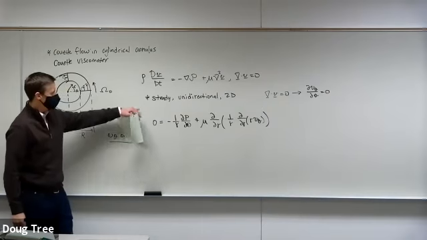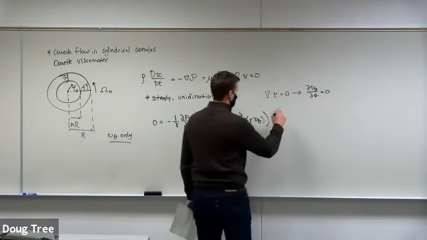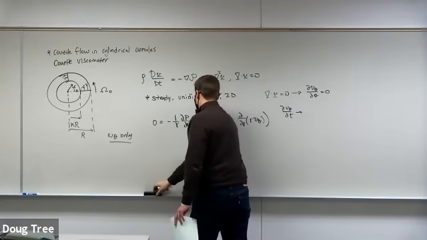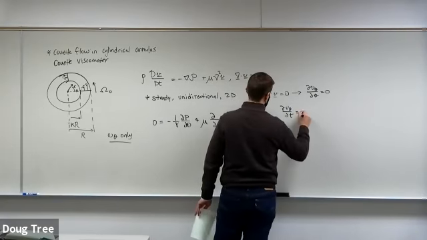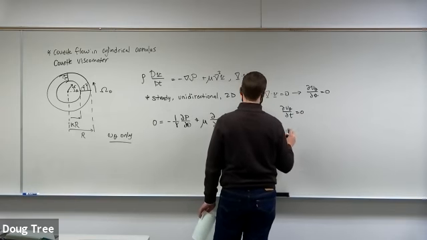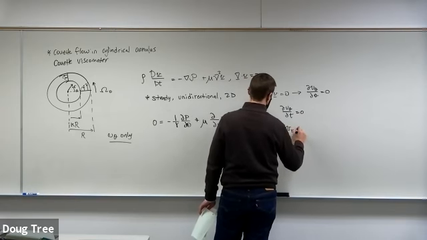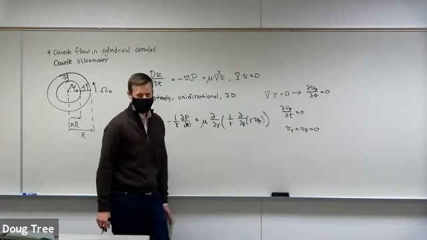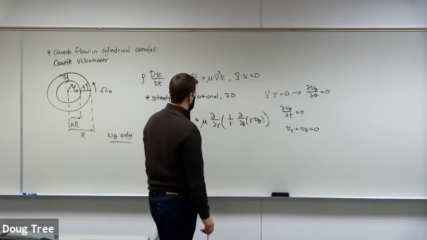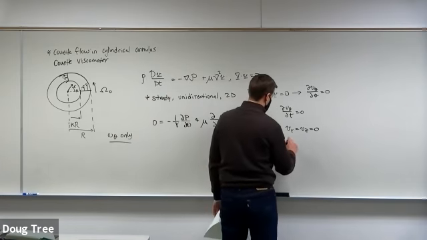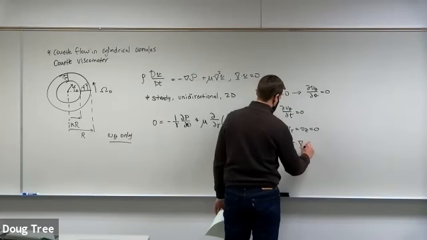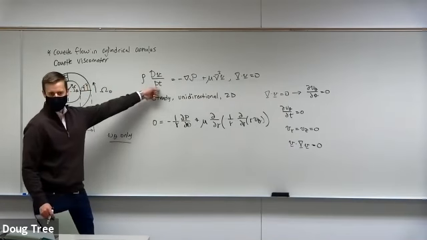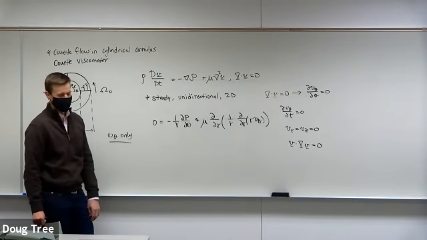Steady is easy: dv theta dt equal to 0. Unidirectional says that VR and VZ equal 0, and it also tells me that V dot grad V equals 0, a consequence of being unidirectional.